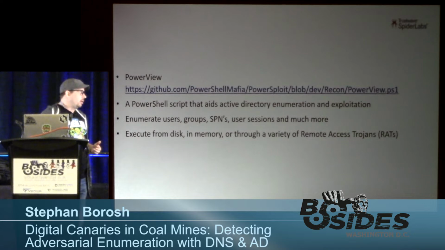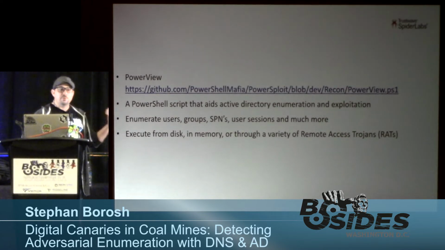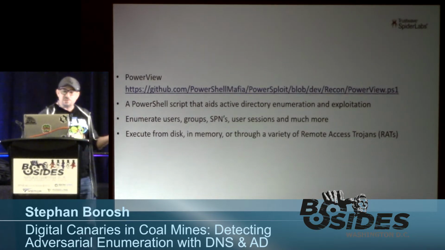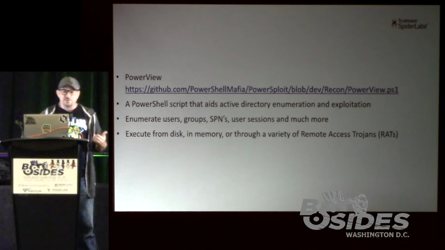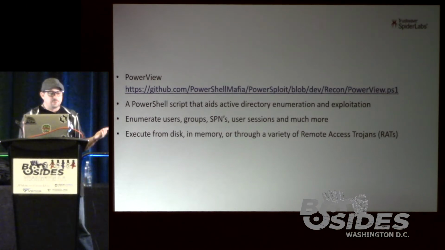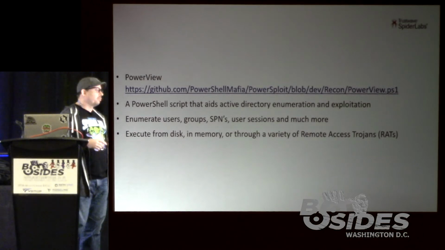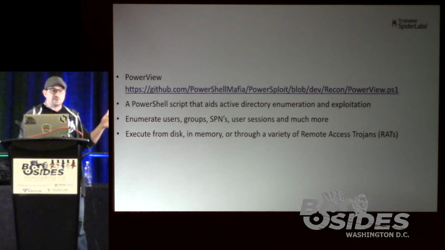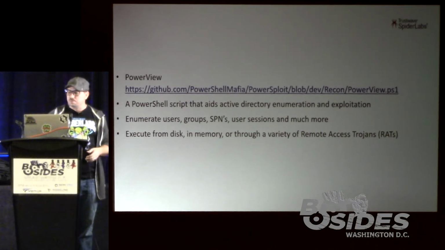It's great. Defenders can use it to enumerate their stuff and see what's going on in their Active Directory environment. You can look up groups, service principal name accounts, user sessions, local administrator groups, and much more. You can execute it from disk, in memory, or through a remote access Trojan like PowerShell Empire or any others where you can modularly load PowerShell scripts.